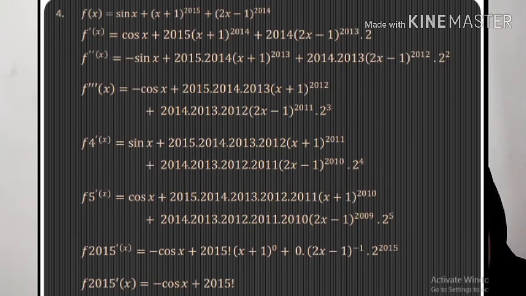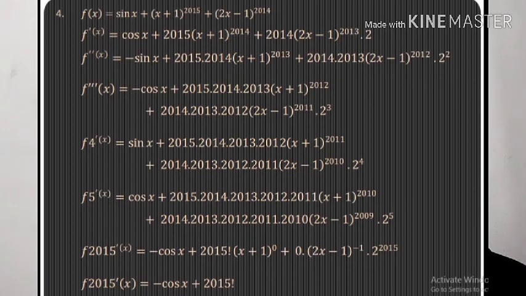But look at the third derivative, the fourth derivative, and the fifth derivative. We know the derivatives of (x plus 1) to the 2015: when it's the first derivative, it's 2015 times (x plus 1) to the 2014.